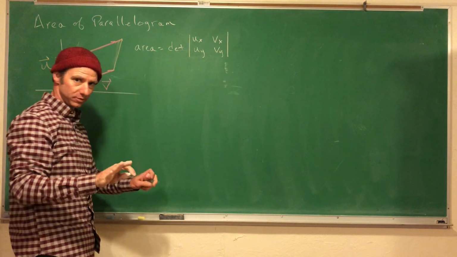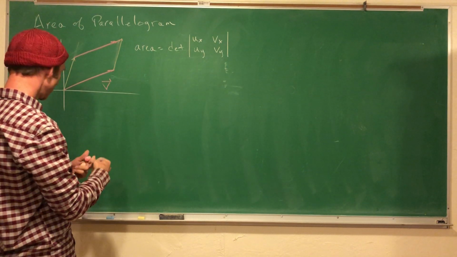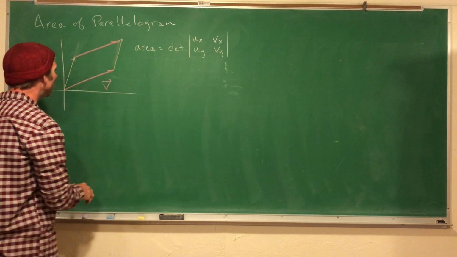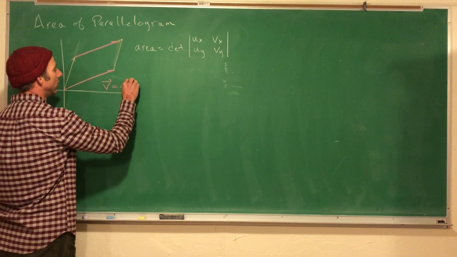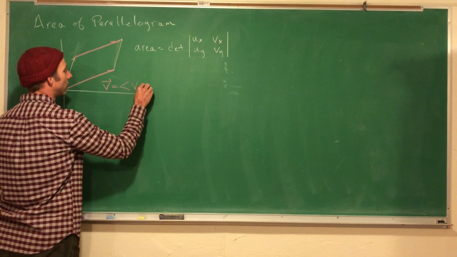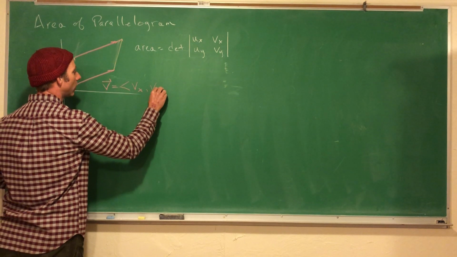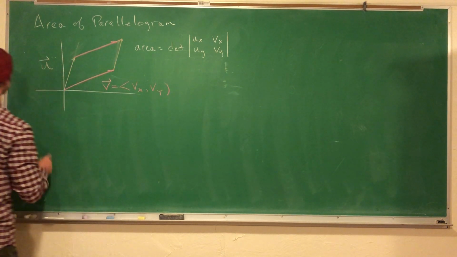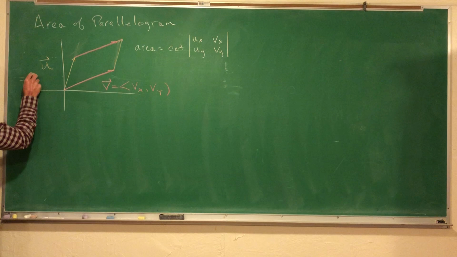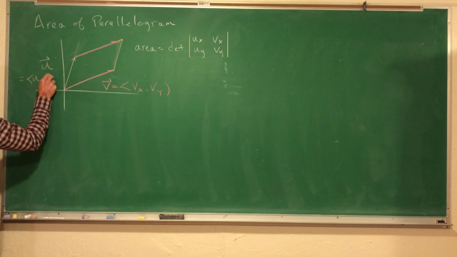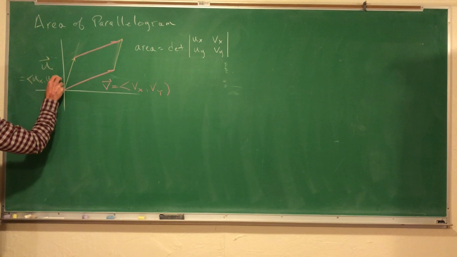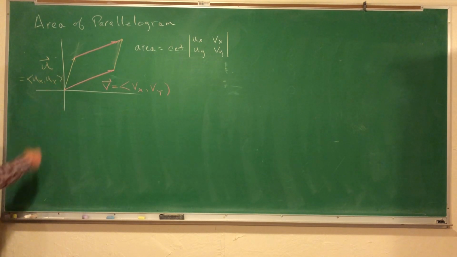Okay, again, absolute value, because I know that this vector is also V_x, comma, V_y, and this one up here is U_x, comma, U_y.